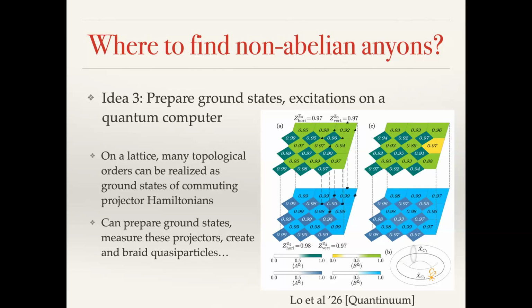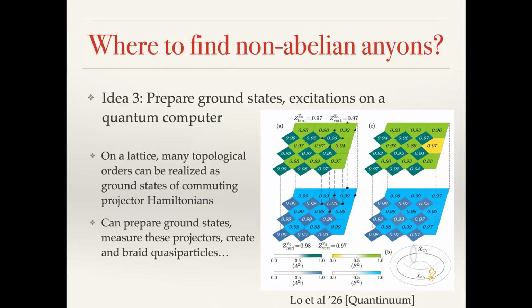And the third thing that people have been able to do lately is, maybe you're not that fussed about a material. Maybe you just want non-abelian anyons. You just really want to be able to do these complex braiding operations. In fact, for some kinds of topological orders, you can basically prepare these states on a quantum computer.